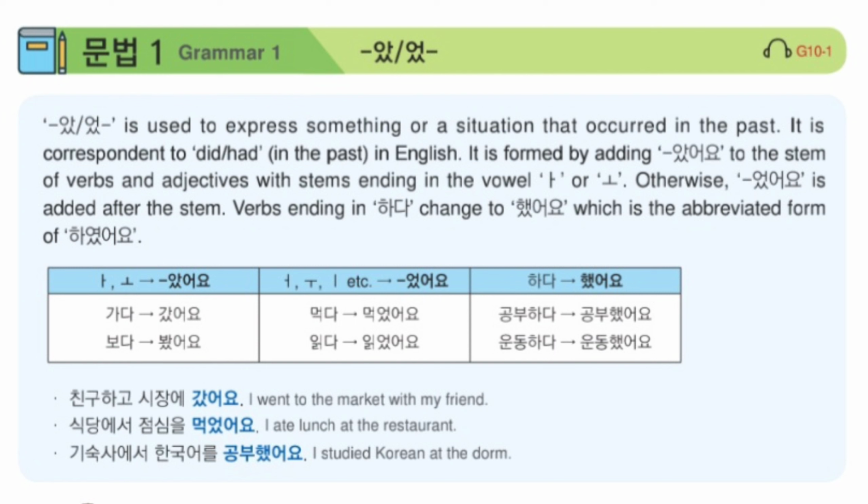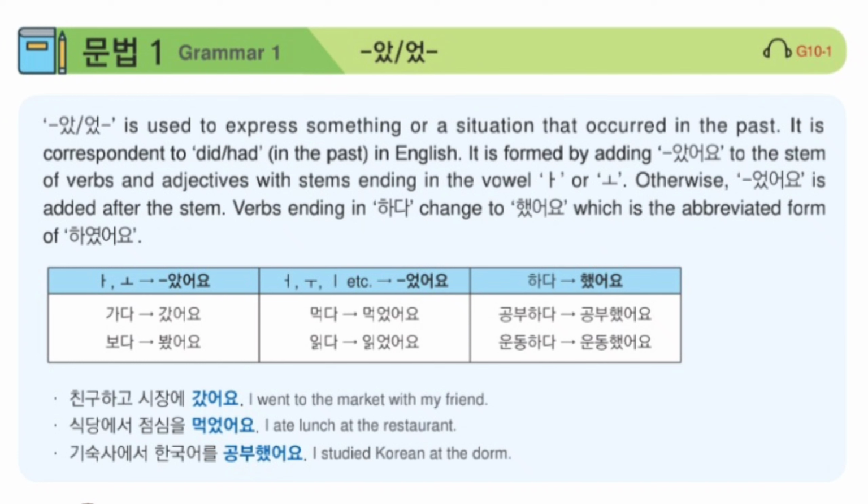It corresponds to did, had in the past in English. It is formed by adding 았 to the verbs and adjectives with stems ending in the vowel a or o. Otherwise, 었 is added after the stem. And for the verbs ending in 하다, change to 했, which is the abbreviated form of 하였. Look at the chart. Ending in vowel a or o.